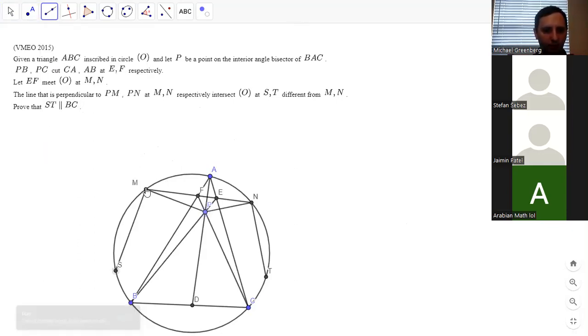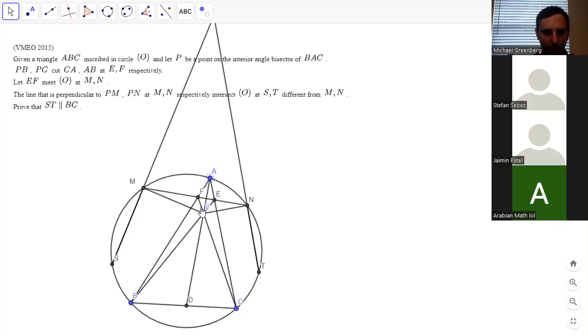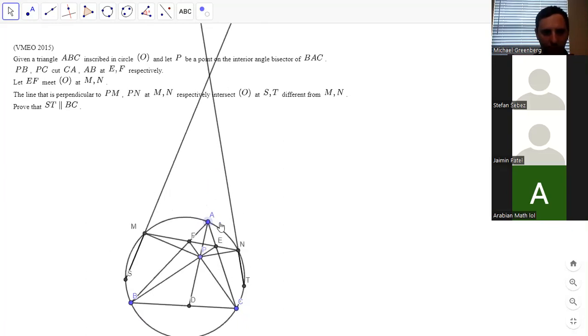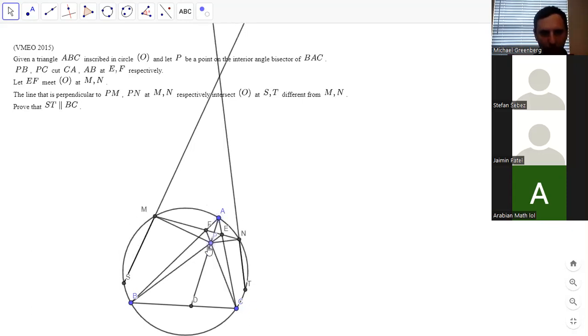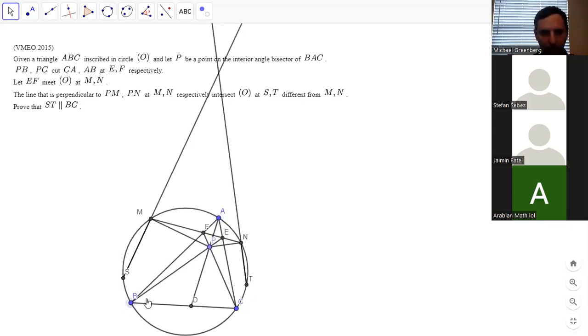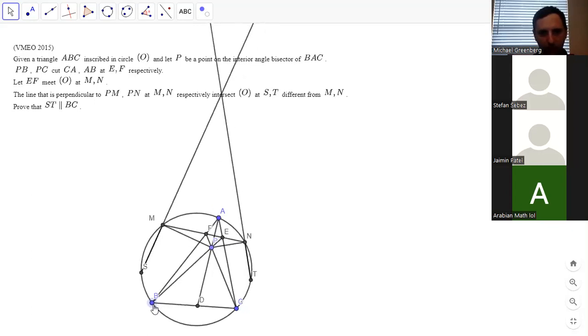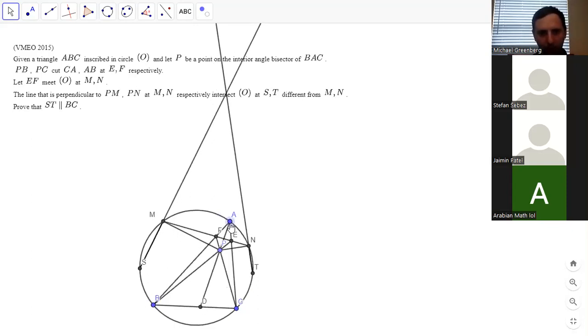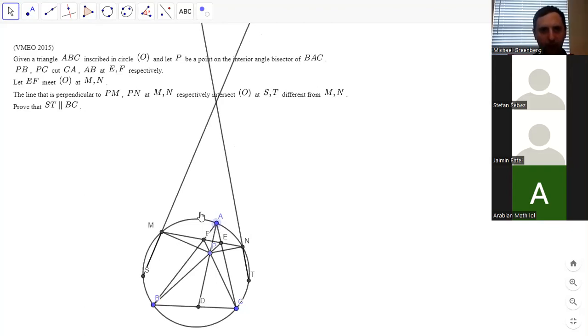Let's see where these intersect. Yeah, it's still too far away. What if I just scale the triangle a bit down? Yeah, and I think if I tilt it a little bit, well, no, that doesn't do that much. But yeah, I think that should be good.